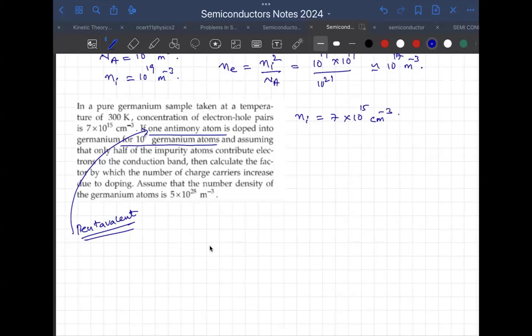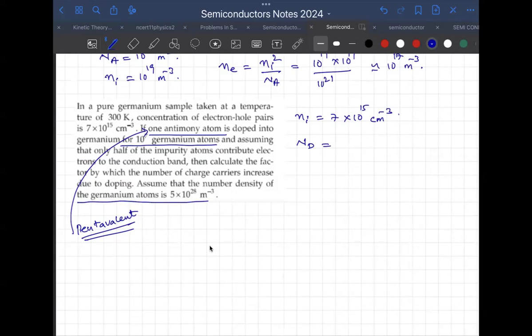By the way, the number density of germanium atoms is given as 5 into 10 to the power of 28. What is N_D here? One donor for every 10 power 7 germanium atoms, and you have 5 into 10 power 28.